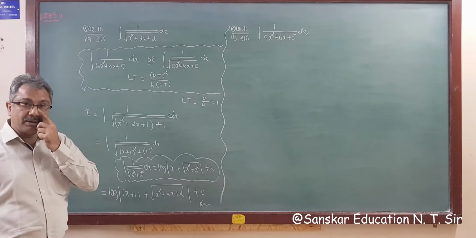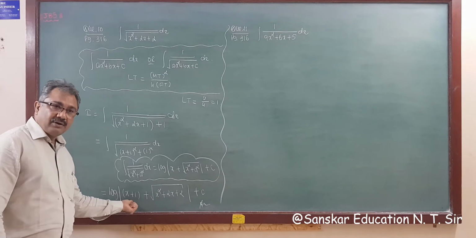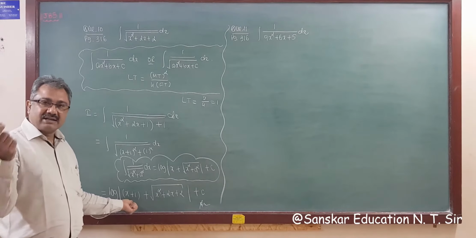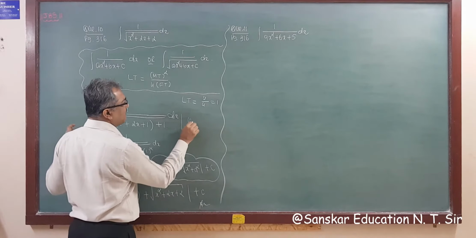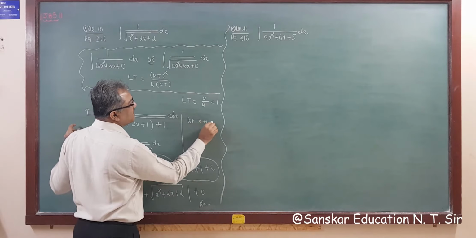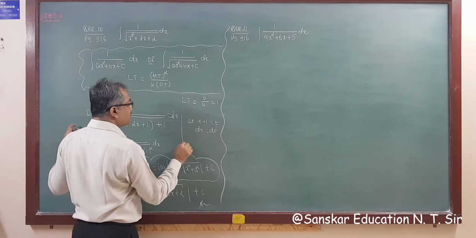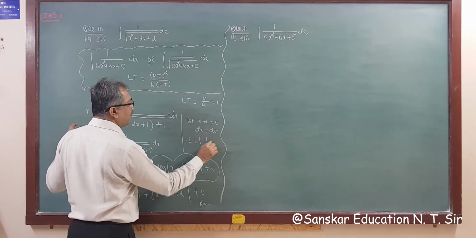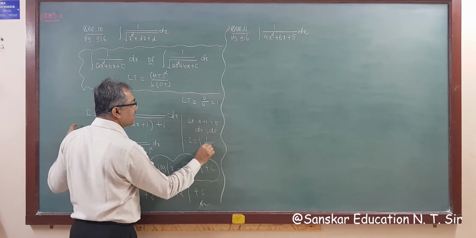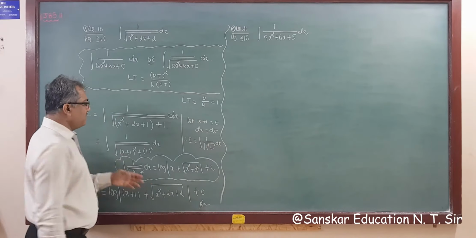Now if you don't understand how to write this, because you want the standard form in x, then assume let x plus 1 is equal to t, so dx is equal to dt. So your answer will be I is equal to integration 1 upon square root of t square plus 1 square dt, and apply this formula.